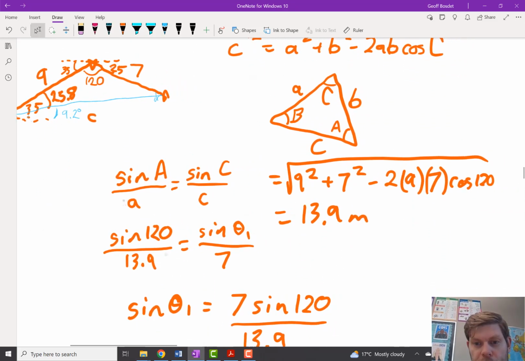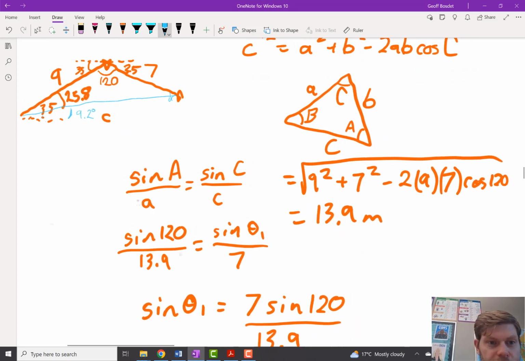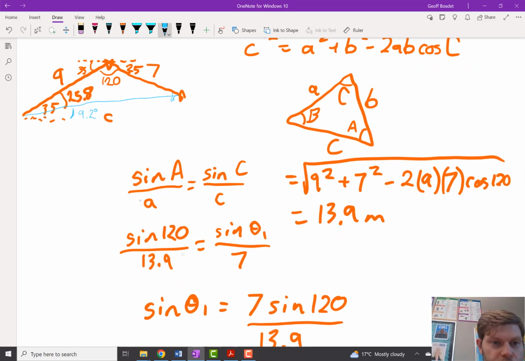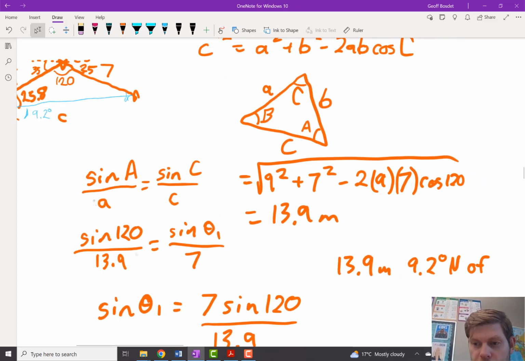So our final answer is this guy, and this is 9.2 degrees. Notice it is north of the east line. So our final answer, 13.9 meters at 9.2 degrees north of east.